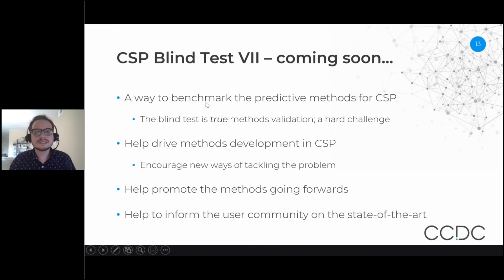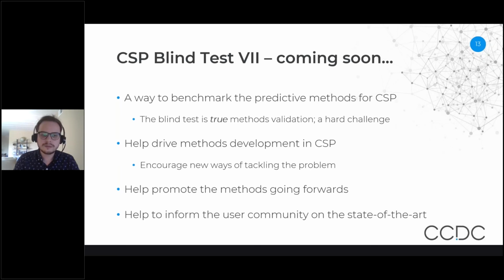Oops. And so to explain what the blind test I just mentioned is about. This is a way to truly benchmark the predictive performance of CSP methods. So this is a truly blind method. The test targets are not seen by, or they can't be predicted ahead of time by any of the participants. So we select them and then distribute them.